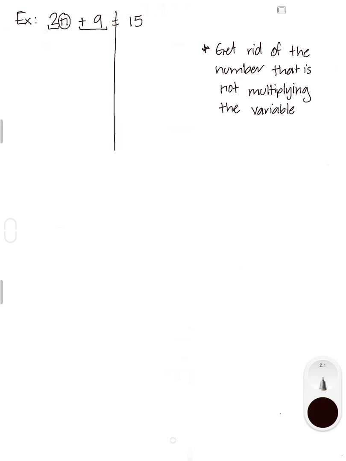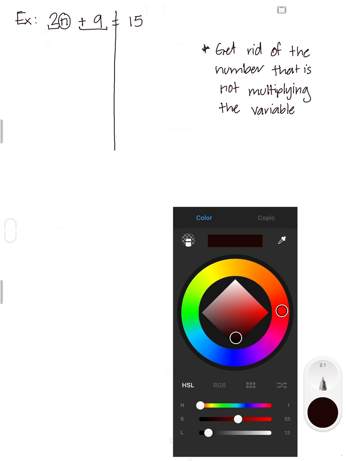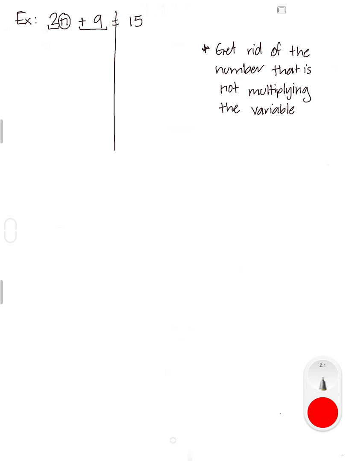That means that we have to divide 9 by 2, and then 15 by 2, which again will take us to a more complex looking equation that will be dealing with fractions. So in order to avoid that, we always move first the number that doesn't have the variable, so the one that's not multiplying the variable.